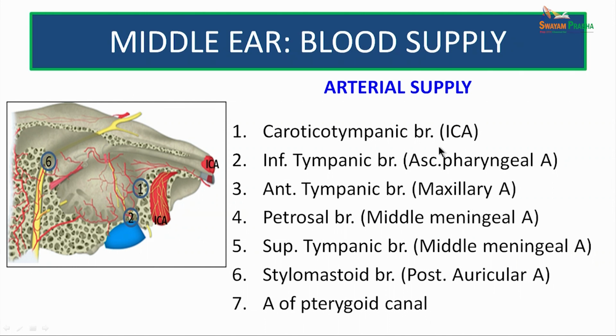The caroticotympanic branch from the internal carotid artery, the inferior tympanic branch from the ascending pharyngeal artery, the anterior tympanic branch from the maxillary artery, the petrosal branch and the superior tympanic branch from the middle meningeal artery, the stylomastoid branch coming from the posterior auricular artery, and there is the artery of the pterygoid canal. So, we find that very many branches come from the various branches of the external carotid artery.